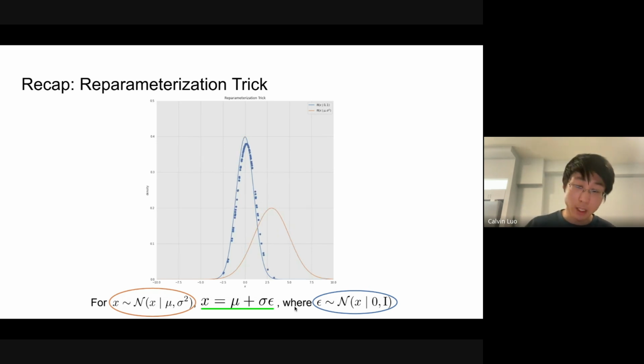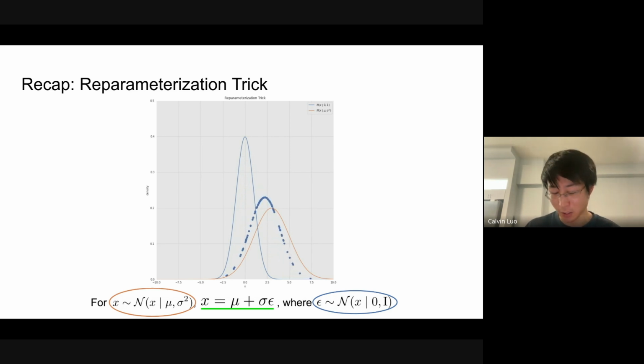Now when you backprop through operations that involve x, you won't need any gradient updates for epsilon because there were no parameters there. That's nice because that's where all the sampling nastiness and non-differentiability occurred. But you can still backprop with respect to sigma and mu to learn those parameters.